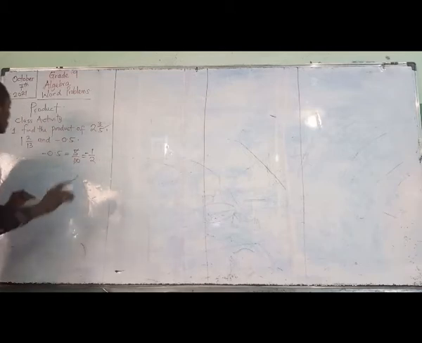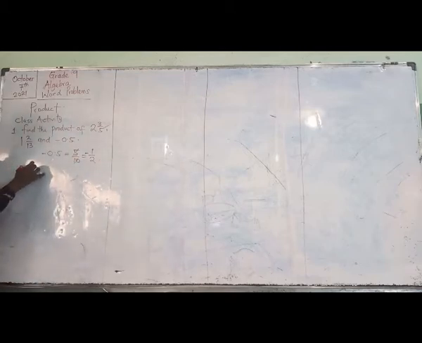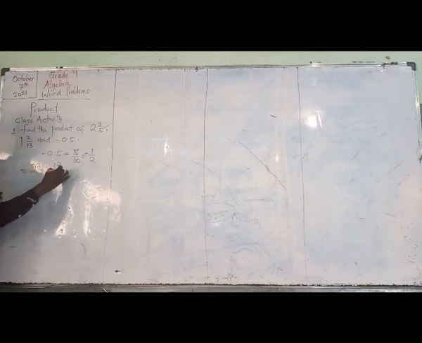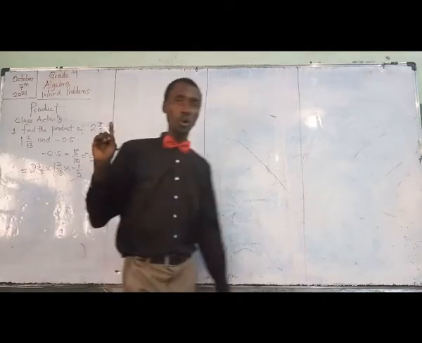Once that is settled, you go straight away to 2 3/5 times 1 2/13 times negative 1/2. But that's not all.